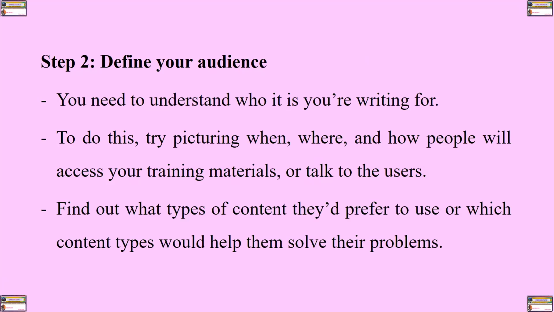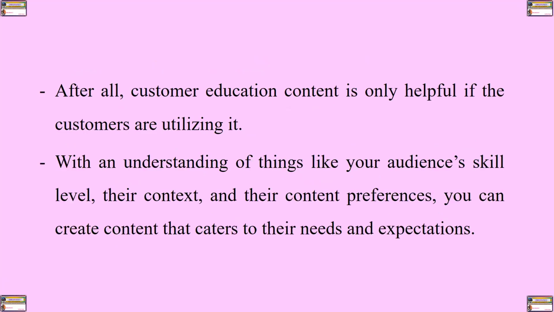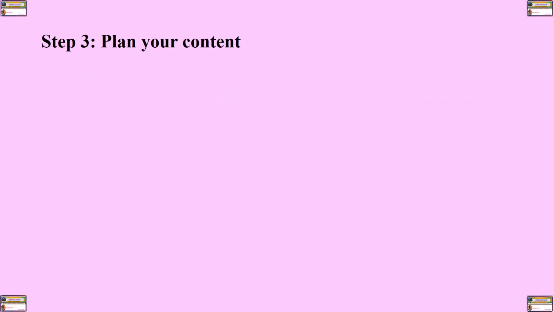Find out what types of content they would prefer to use, or which content types would help them solve their problems. After all, customer education content is only helpful if the customers are utilizing it. With an understanding of things like your audience's skill level, their context, and their content preferences, you can create content that caters to their needs and expectations.